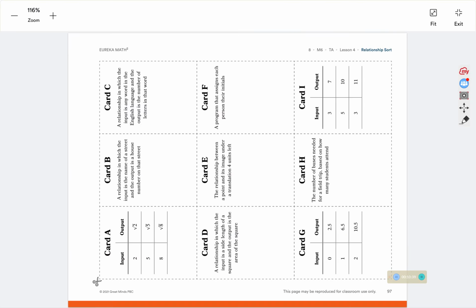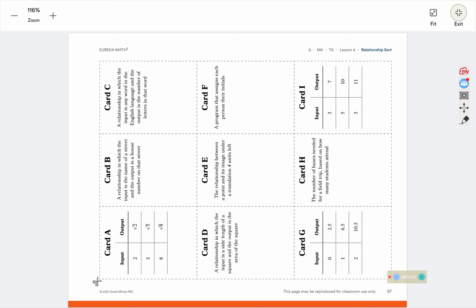Another activity that may be done in class that you would miss if you were watching this video online is we would do a card sort, where we're trying to match the relationship to one of two categories. So some students may choose to sort this based on what is a function and what is not a function.